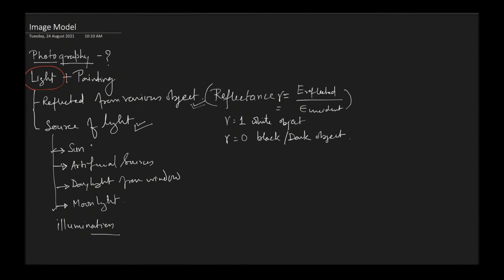For example, for sun in day-to-day life, it can run up to 1 lakh to 10 lakh, depending upon the cloud conditions and other things. On a bright sunny day, you can easily get this figure running in terms of 10 lakhs.